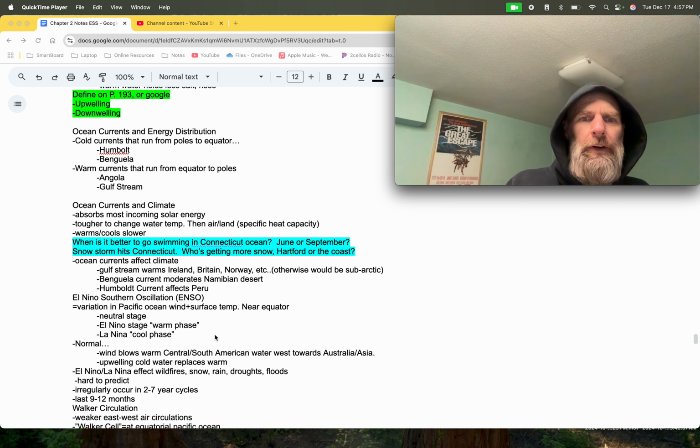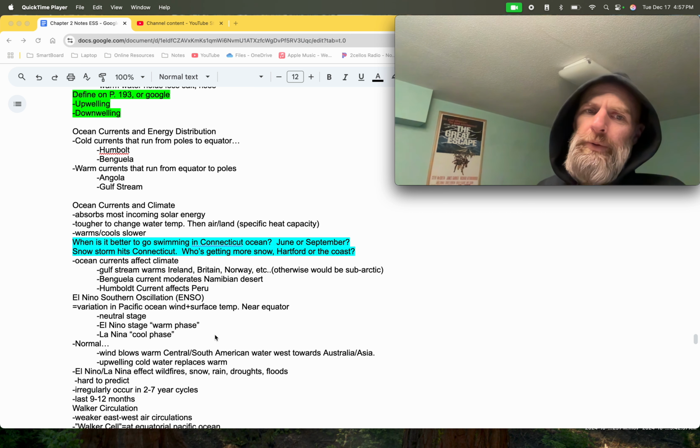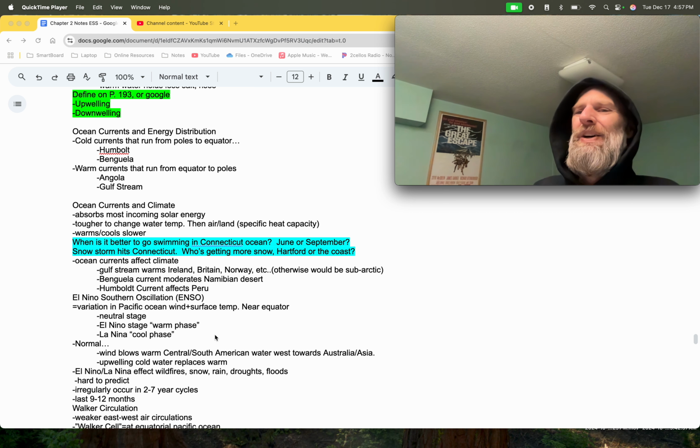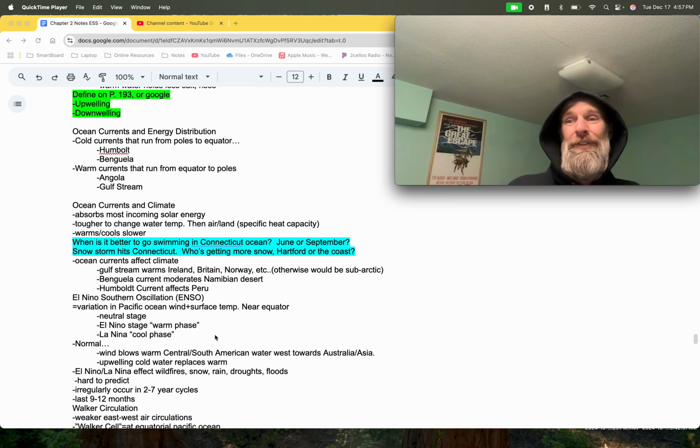The Benguela current moderates the Namibian Desert. The Humboldt currents affect Peru, different ones. So, El Nino Southern Oscillation, ENSO, is in the Pacific Ocean and how it affects the weather globally.